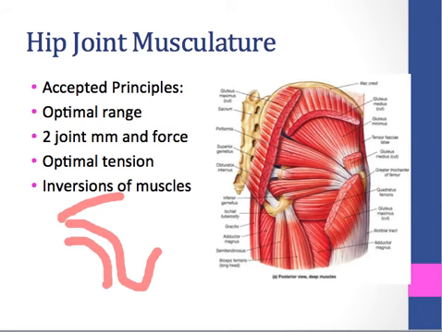And then what we start to see is inversions of muscles within the hip joint, meaning that when I think about my piriformis, and I'm standing at 0 degrees of hip flexion, my piriformis acts as a lateral rotator. But now if I flex my hip to 90 degrees, my piriformis shifts and is now a medial rotator.